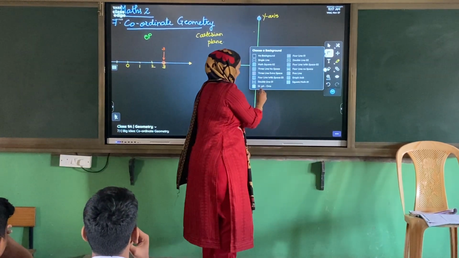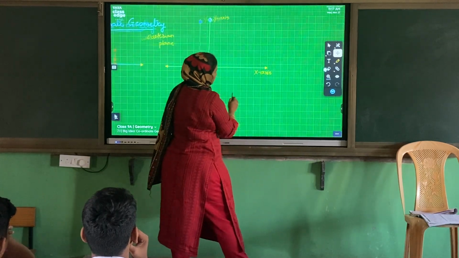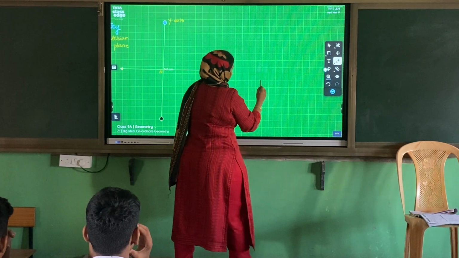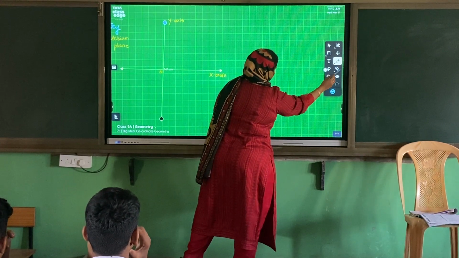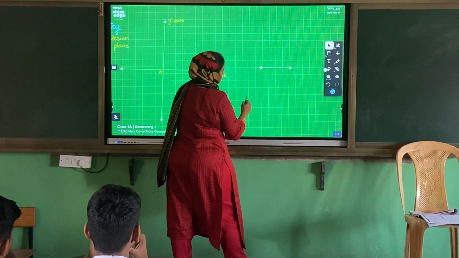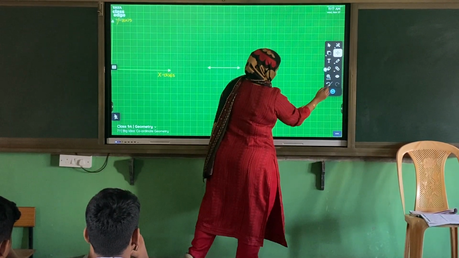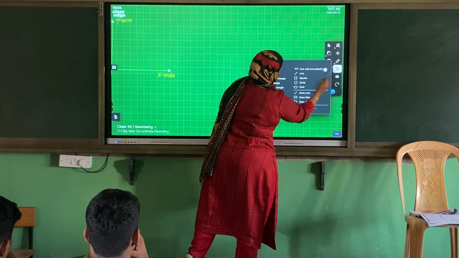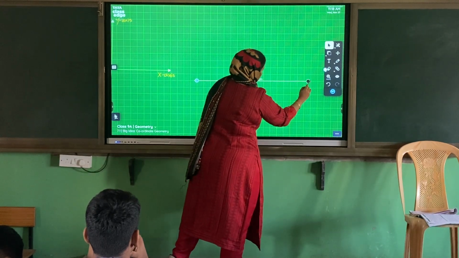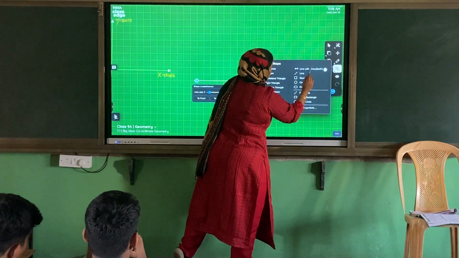So now I am taking a graph paper for you. Let's move on, I will take a ribbon. Here I have drawn a horizontal line and another one vertical.